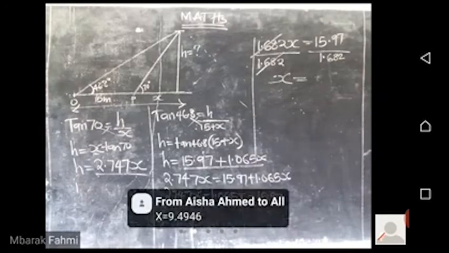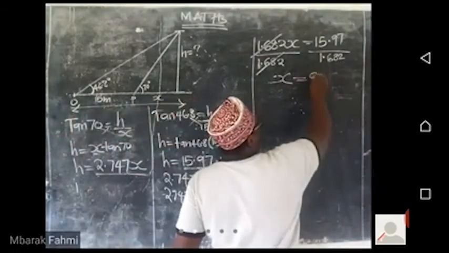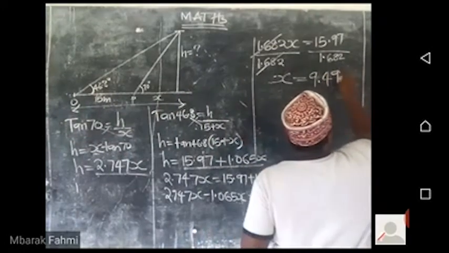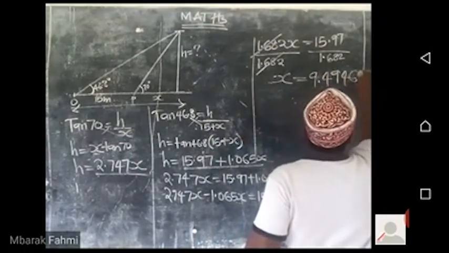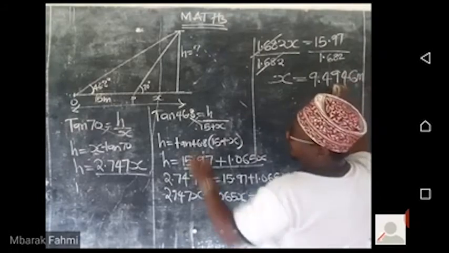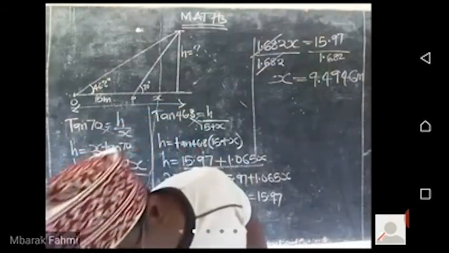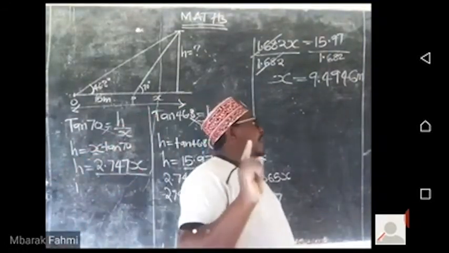We'll have 9.4946. That's very correct. 9.4946 meters is the value of x.